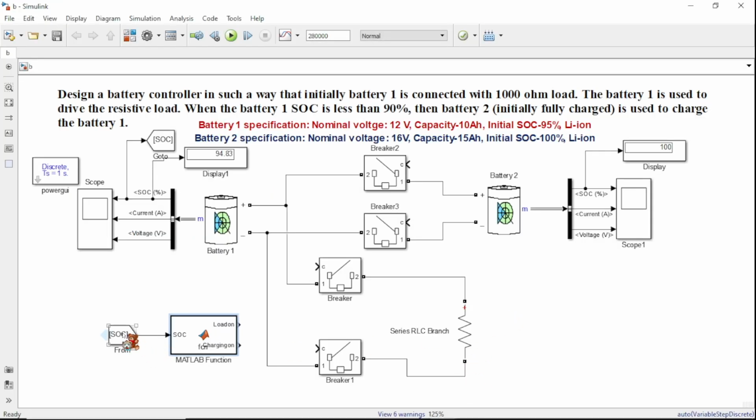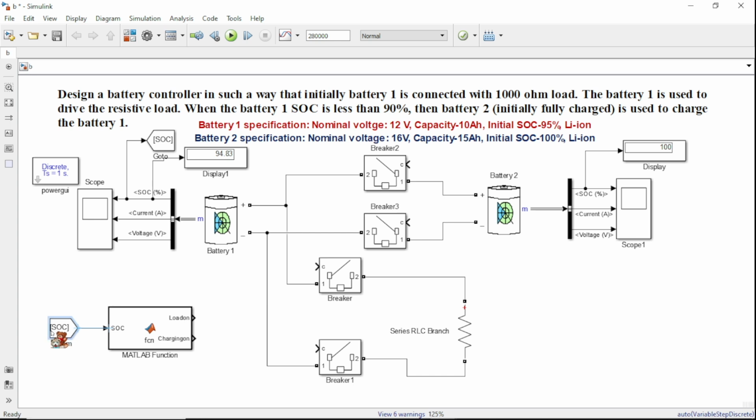Here you can see SOC is the input, and corresponding to that we are getting two outputs: one is load on and the second is charging on. Now we are using the From and Goto blocks. Here I am using the Goto block.